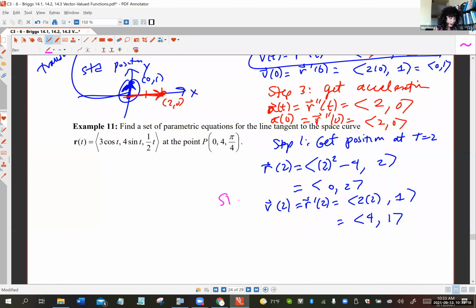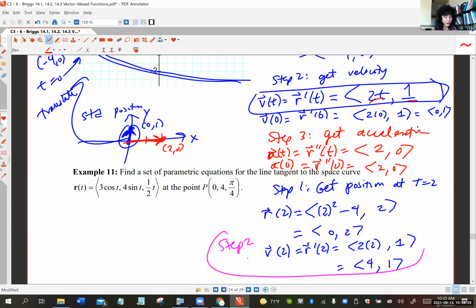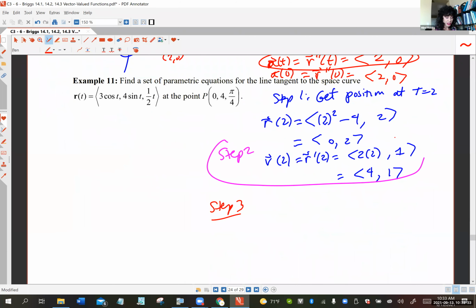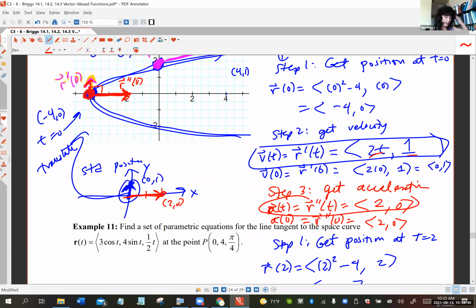So we did step 2 here. We got the velocity vector. Now let's do step 3. Let's get the acceleration vector at this new point. So step 3, acceleration, but good news, we already know what the acceleration vector is. It's 2, 0. So if we evaluate the acceleration vector at 2 seconds, we're still going to get 2, 0. Aha. Because it happens to be a constant vector, nowhere to substitute.